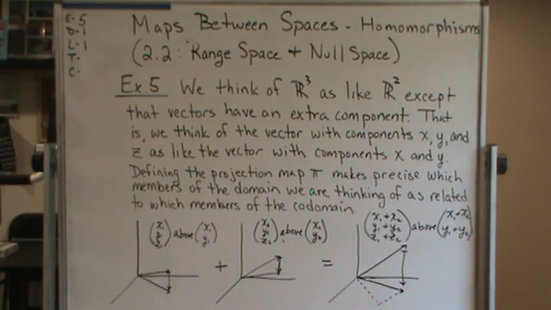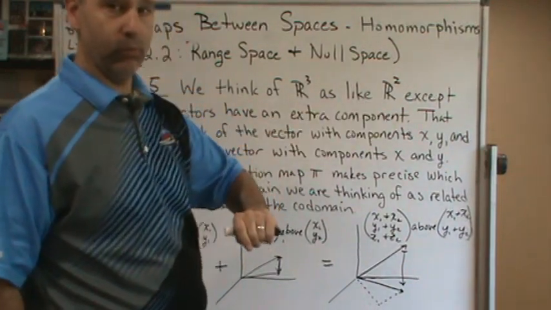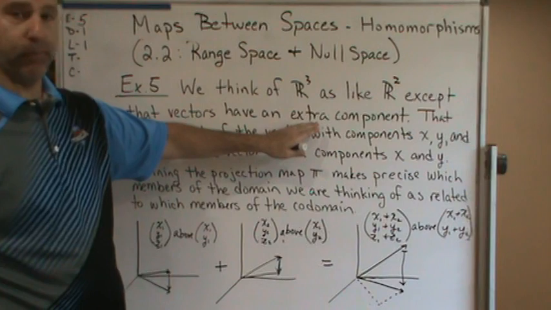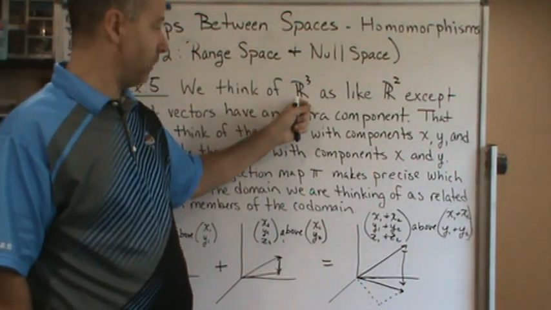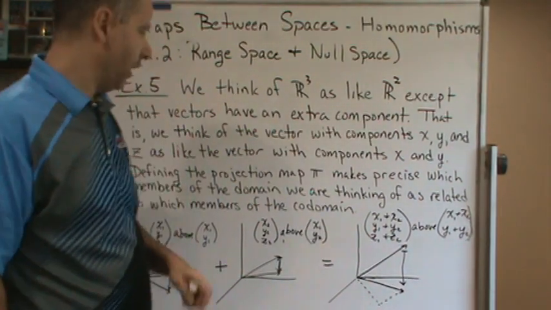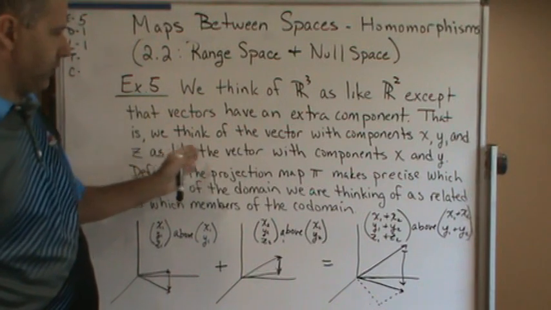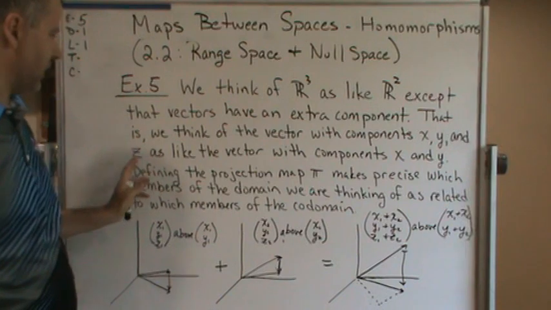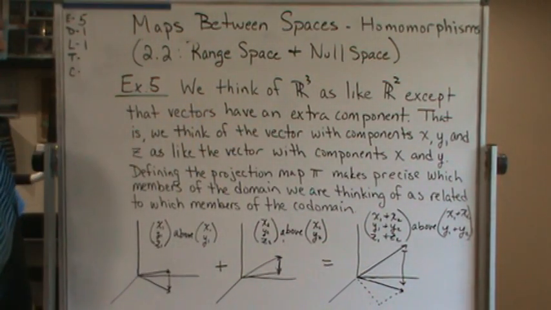So for example, we think of R3 as like R2, in a way, except that the vectors have an extra component. So in 3D versus two-dimensional vectors, the only difference is that the vector components are x, y, and z in R3, but of course we lose the z component and we just have x and y in R2.